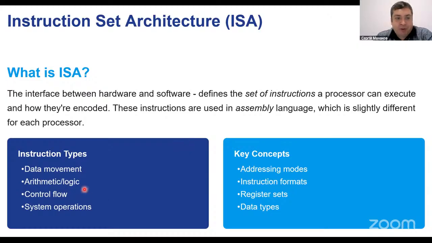We can distinguish such instruction types as data movement, arithmetic or logical instructions, control flow instructions, and other system operations. The key concepts here are the addressing modes, instruction formats, the register sets, and data types. All this is studied if you want to master the assembler language.